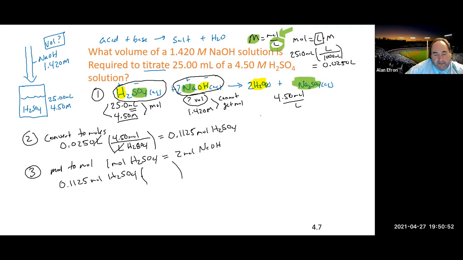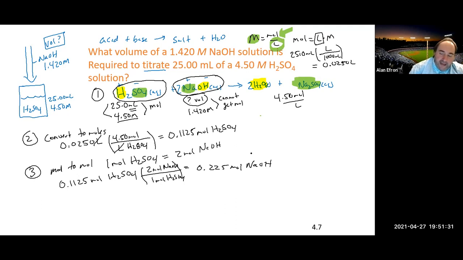To cancel our H2SO4, it will go on the bottom there, and that would get us 1 mole of H2SO4 to 2 moles of sodium hydroxide. And at this point, we basically multiply that by 2, going to give us 0.225 moles of sodium hydroxide. Let me try to straighten out that writing there. Any questions on that so far?